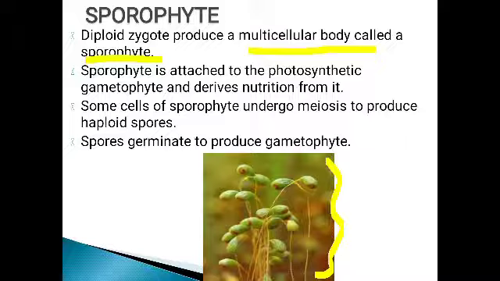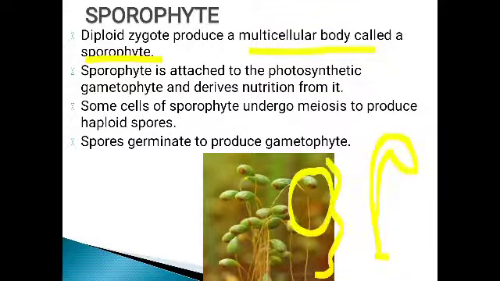So from that zygote, an elongated structure will be formed, and what can we call this? The sporophyte. Here you can see these structures are the sporophyte. You can see it is attached to the gametophyte.